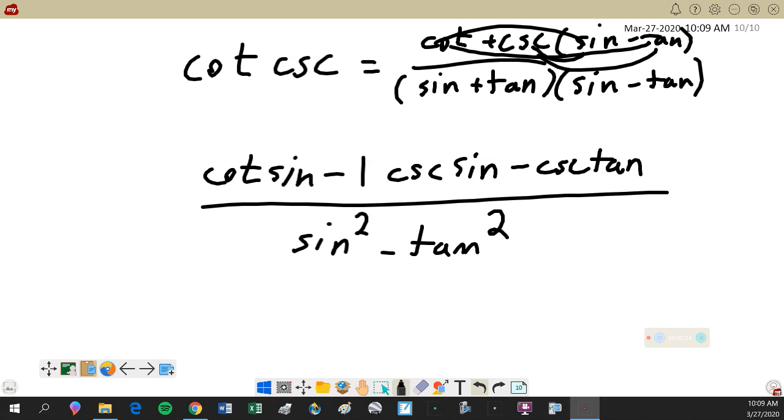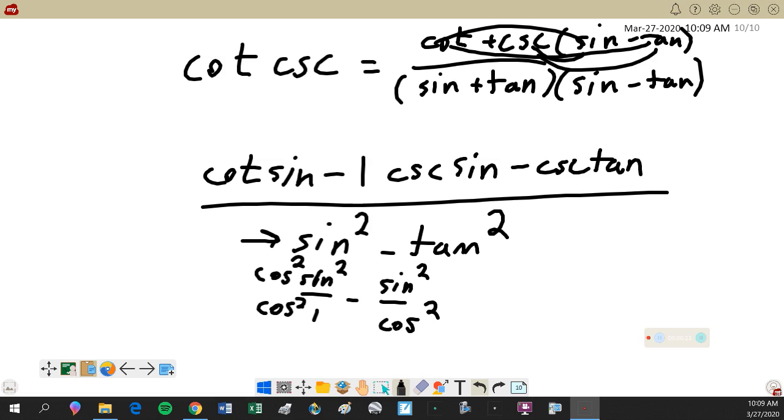So if I tried to combine this into a single fraction, sine squared over 1 minus sine squared over cosine squared. So to find a common denominator, I need to do cosine squared on this side, and then I get cosine squared sine squared minus sine squared over cosine squared.